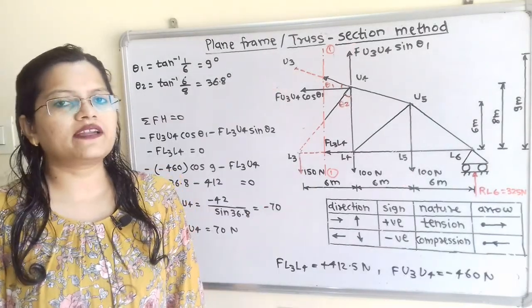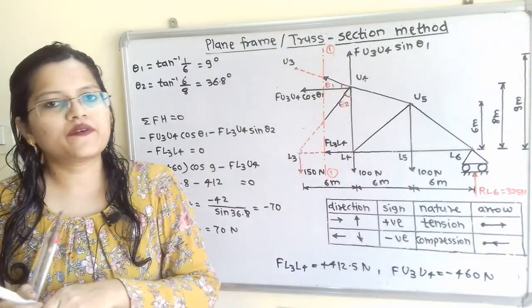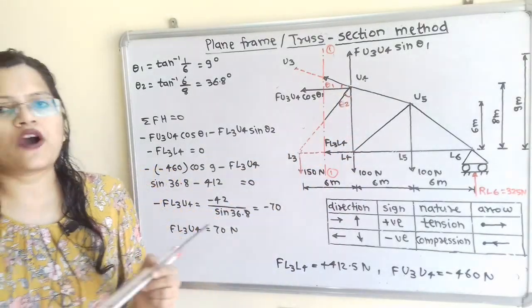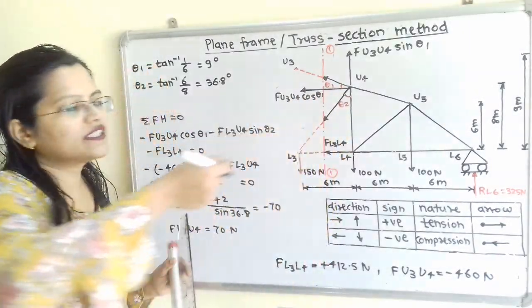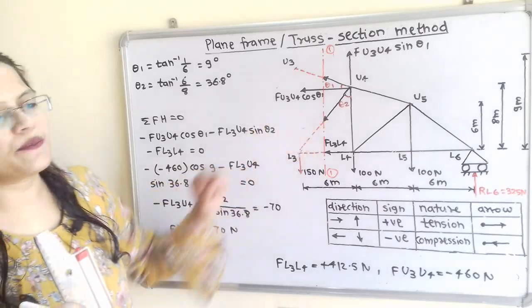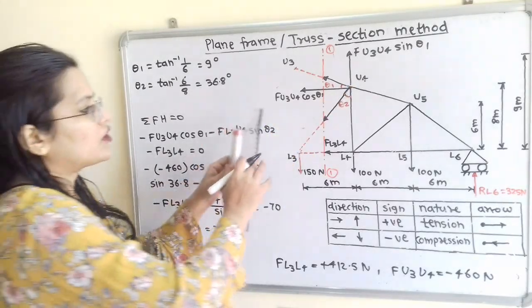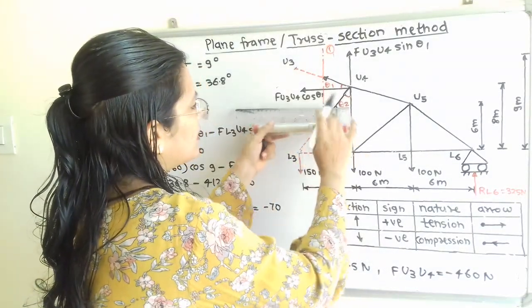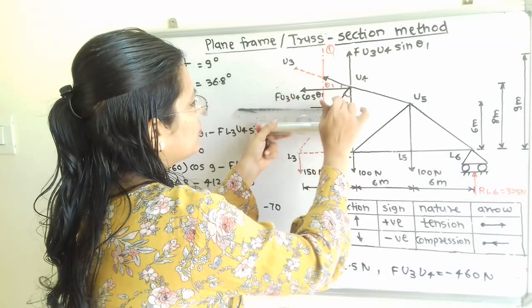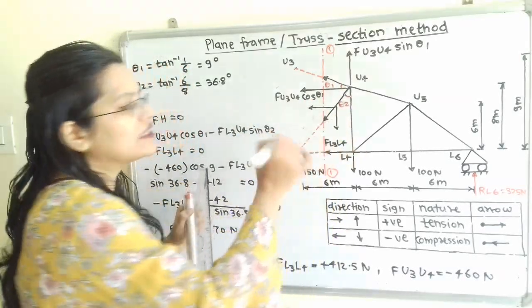Now we have to find out unknown force in the member U4L3. So we will show its direction, outward direction from this joint U4, and we will resolve this force into two components because it is the inclined member, vertical component and horizontal component. So here is the vertical and here is the horizontal component. Now how to decide its value?